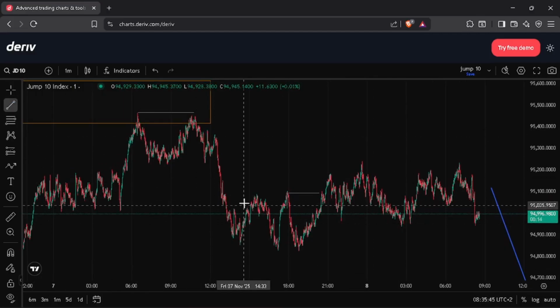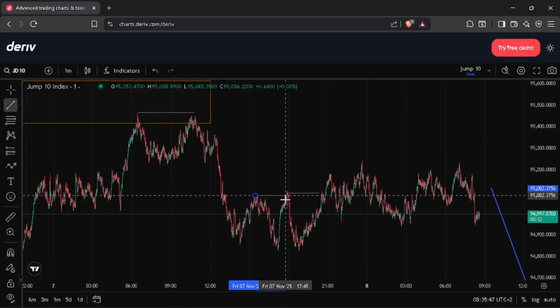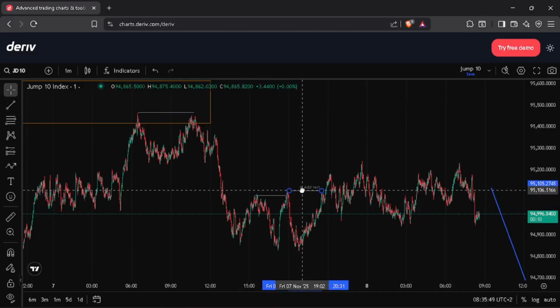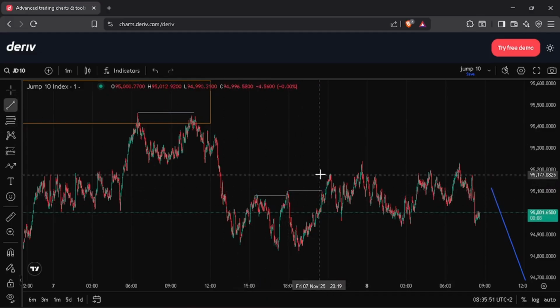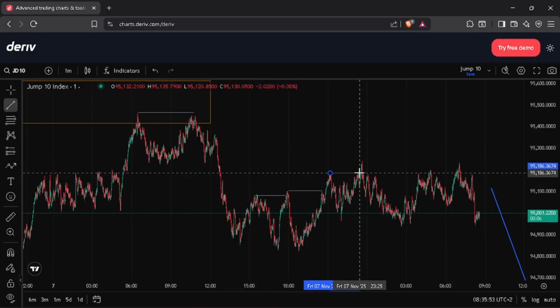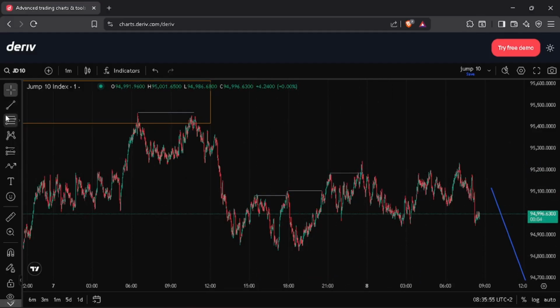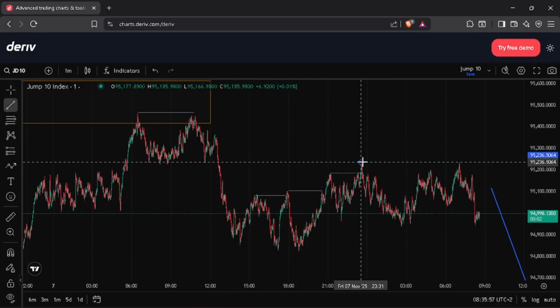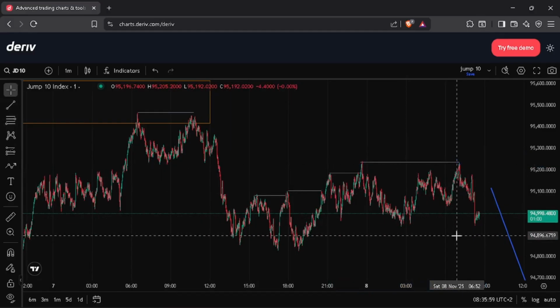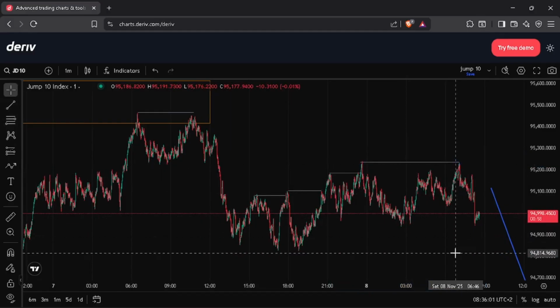So we have a little bit of break of structure there, but now we failed to break this one for now.